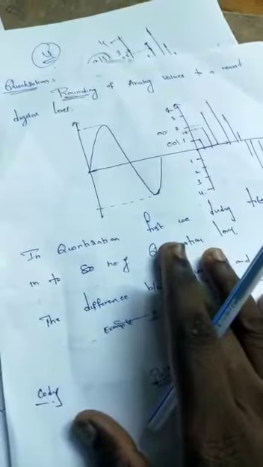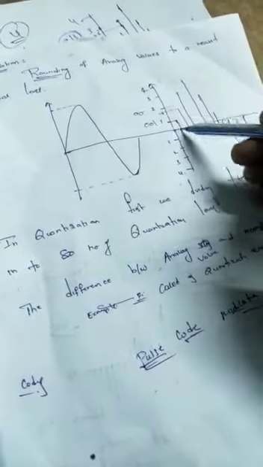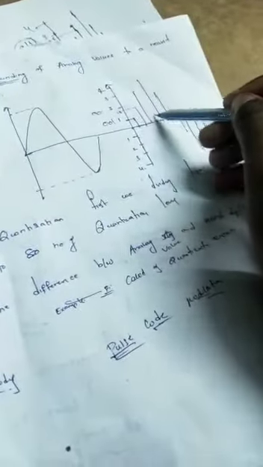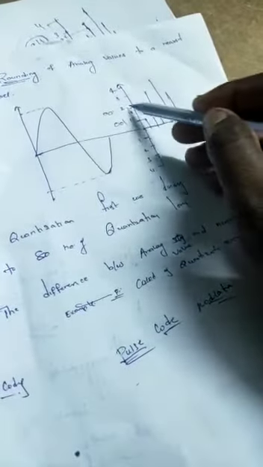In quantization, analog values are rounded to the nearest digital level. I already explained that these are the analog or discrete values. I round off these analog values to the nearest digital level.